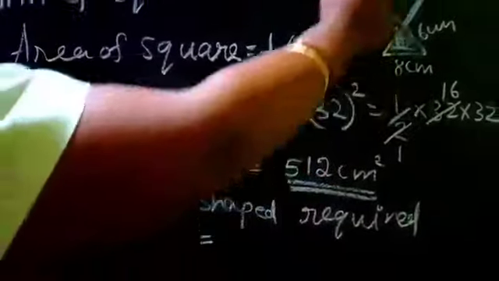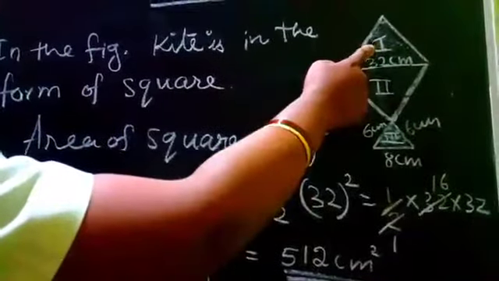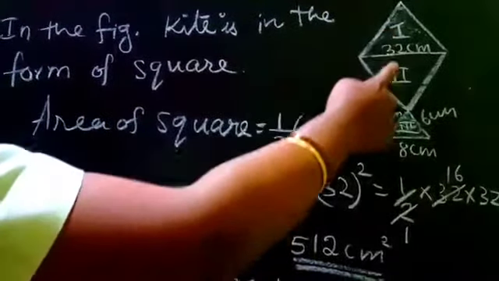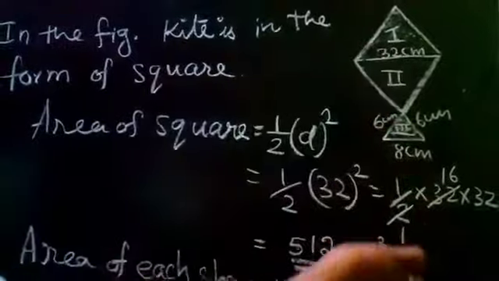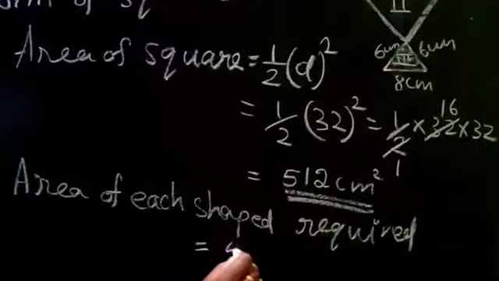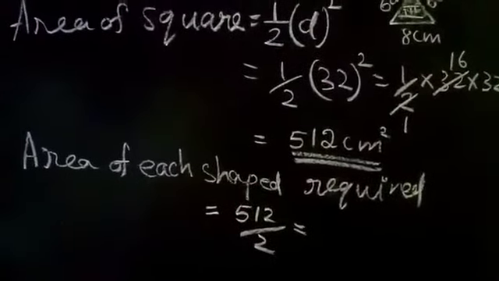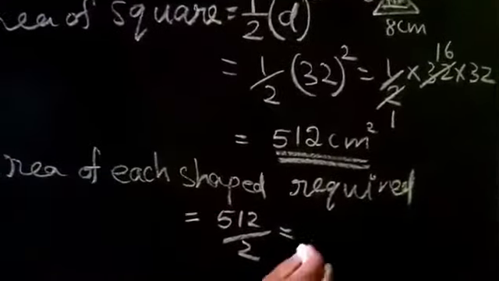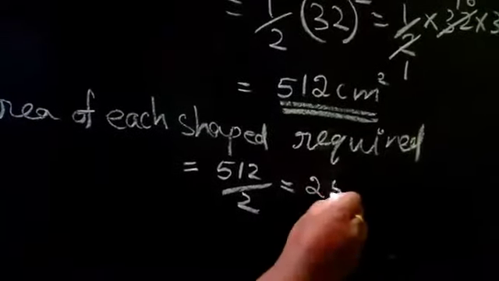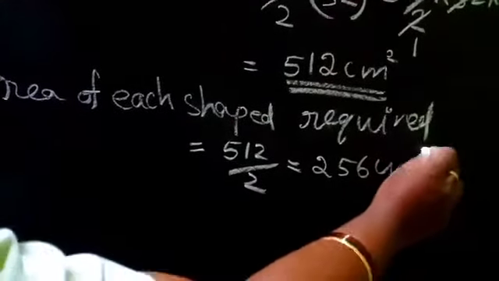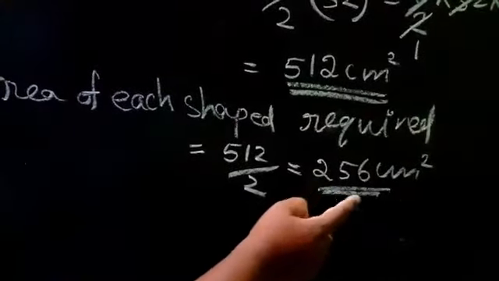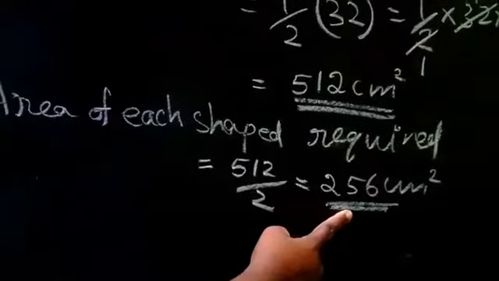This is the square's area. We have shape 1 and shape 2, so we have to divide 512 by 2 because we have two colors there. When we divide, we will get 256 centimeters square. This is the area required for each shape.